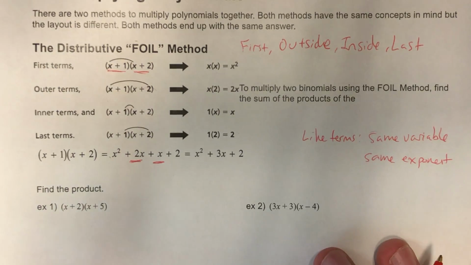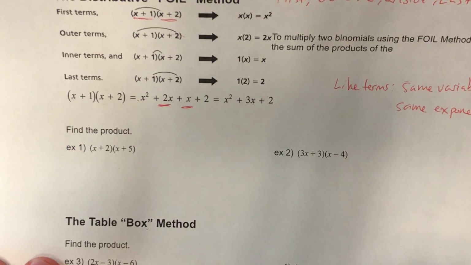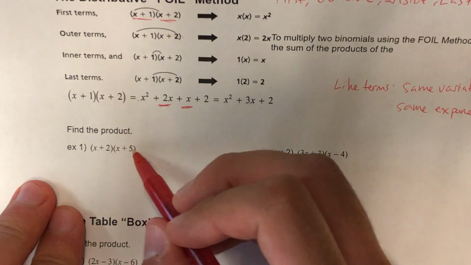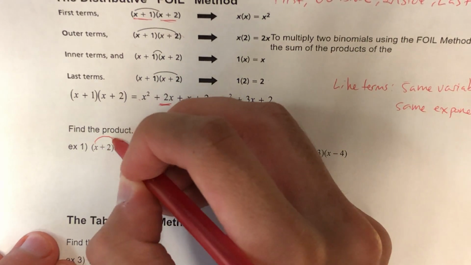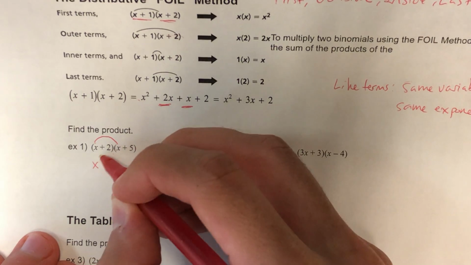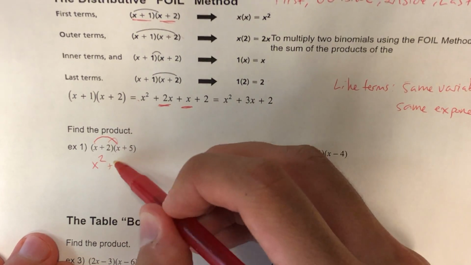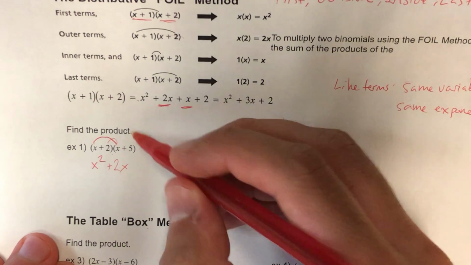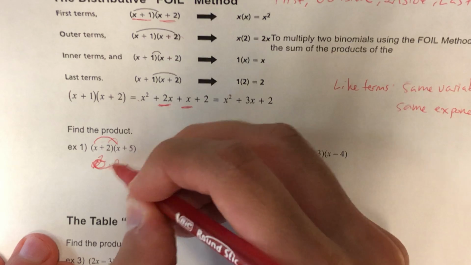As we're looking at the next problem here, it says find the product of x plus 2 and x plus 5. So using the FOIL method, let's restart that.